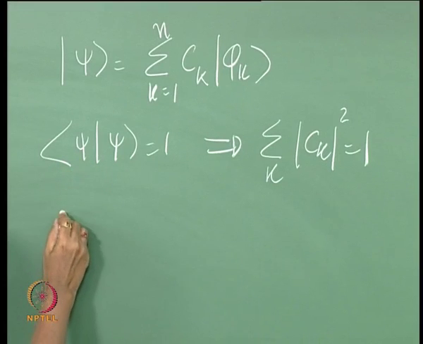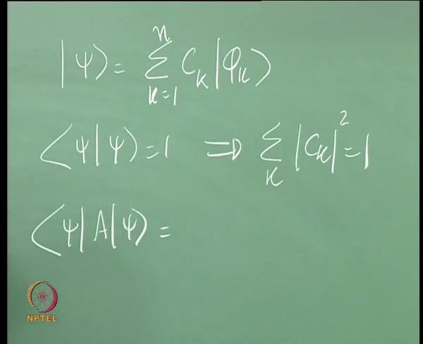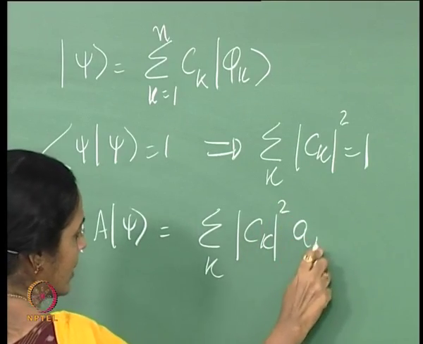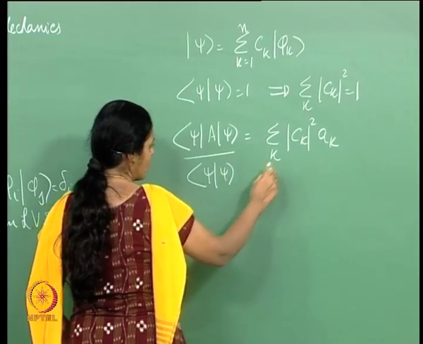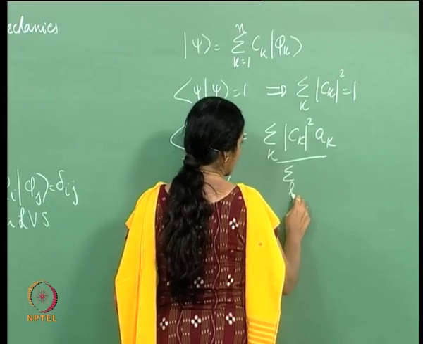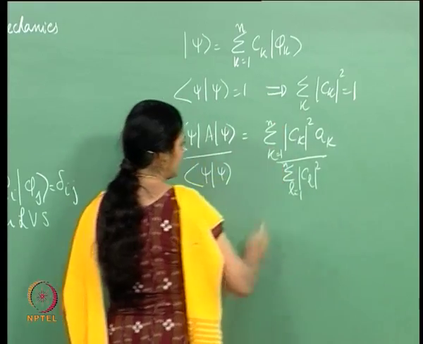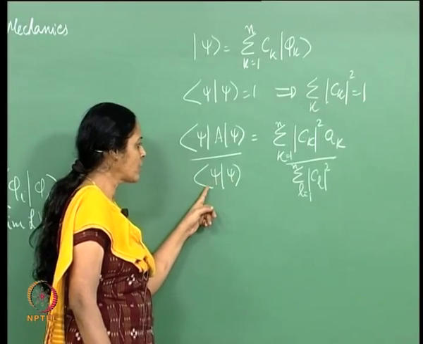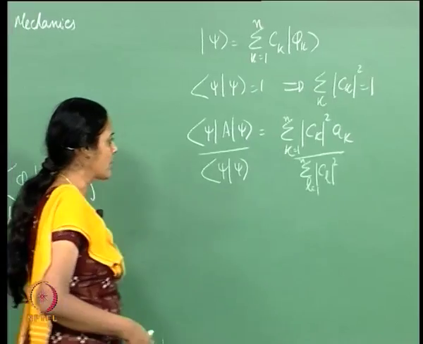In any case, given this psi, we showed that the expectation value of A was summation over k mod c_k squared a_k, and suppose you also had this denominator which was not equal to unity. This was simply summation over l mod c_l squared, always going from 1 to n. Of course, I stopped at a point where I said that if this were normalized to unity, it simply means that the denominator is 1 and we need to give an interpretation here.